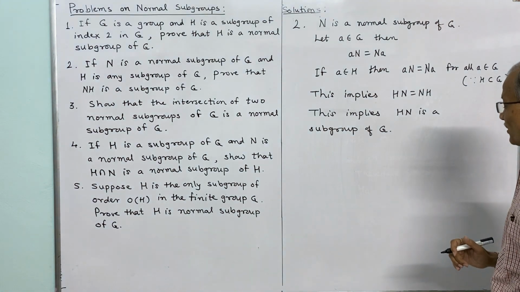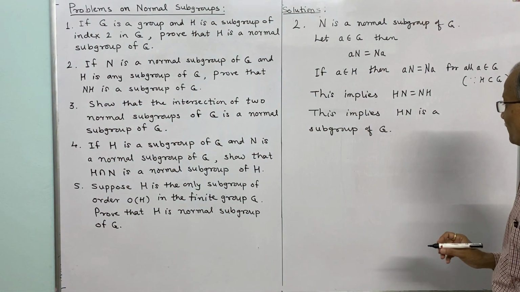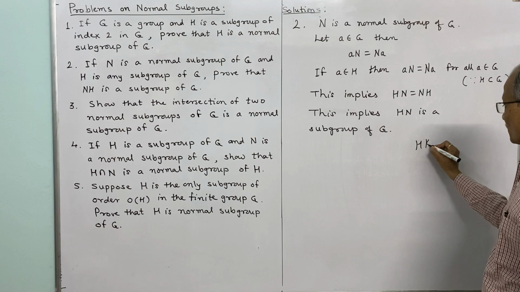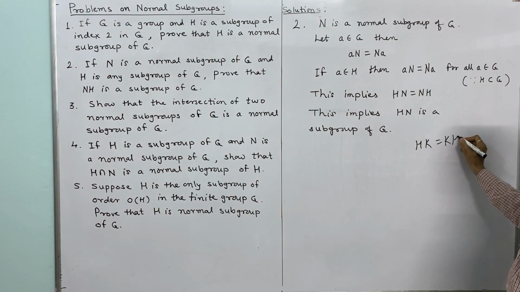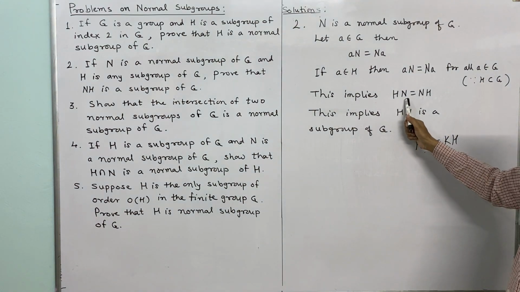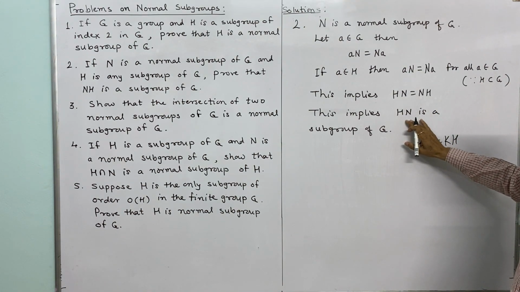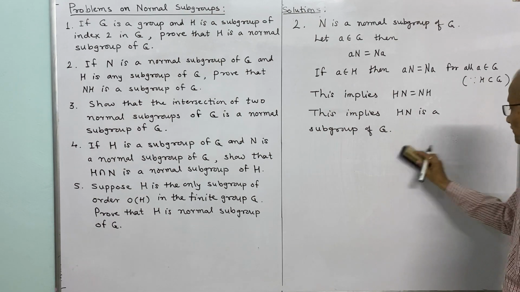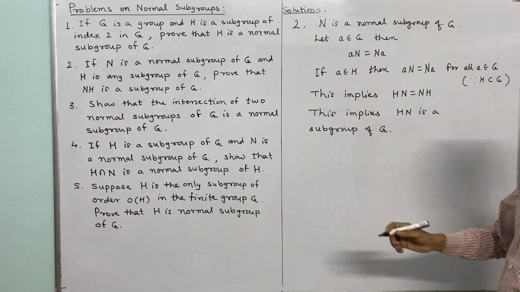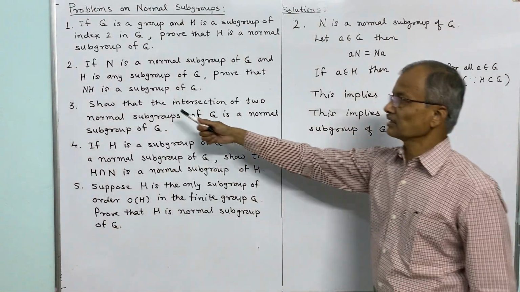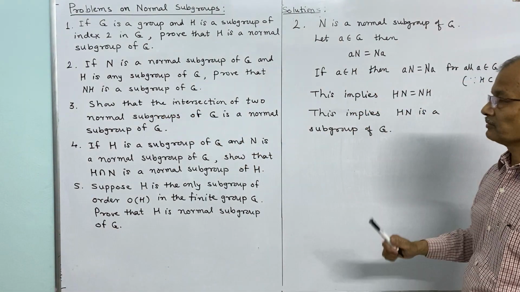You can refer to that lemma, maybe lemma number 8. We have H and K are two subgroups of G such that HK is equal to KH. Then HK is a subgroup of G. So here we have HN is equal to NH, therefore HN is a subgroup of G.